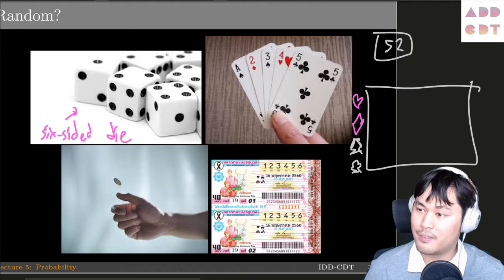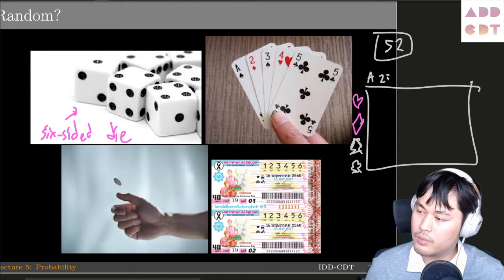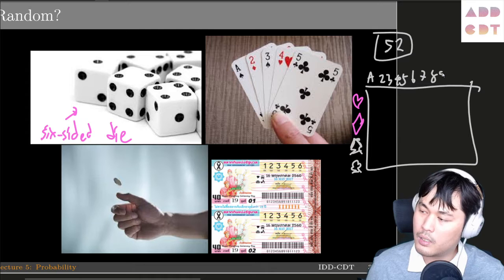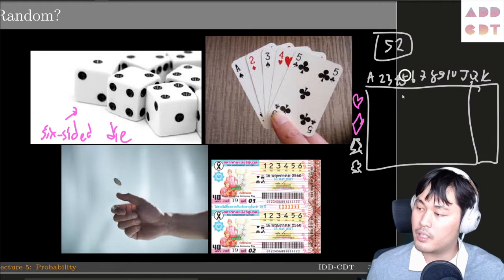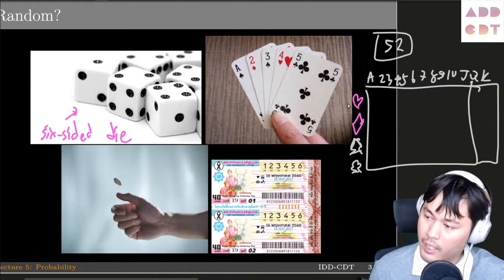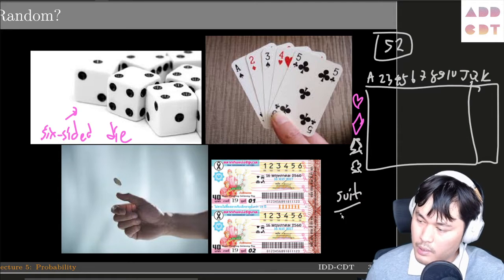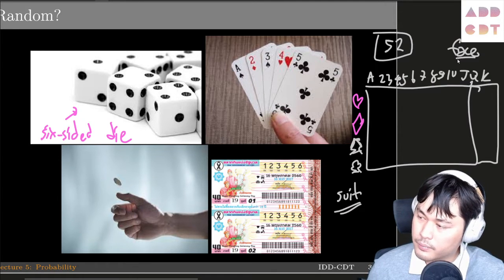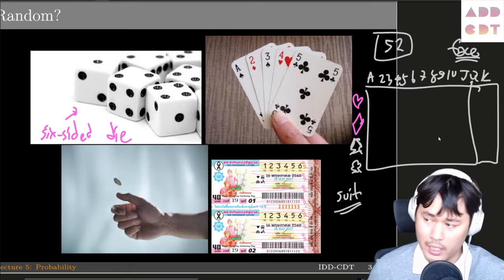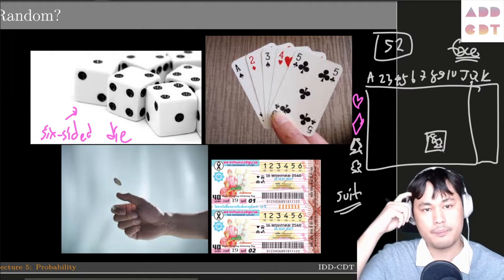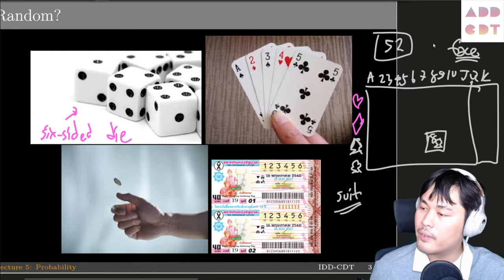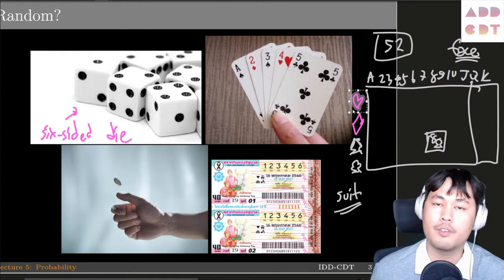Oh, and there are faces: Ace, 2, 3, 4, 5, 6, 7, 8, 9, 10, and J, Q, and K, like Queen and King. We can form a pair of face and suit, and there's a card for each pair. For example, you can get a card of 8 of spades. That's the standard model of cards we use.